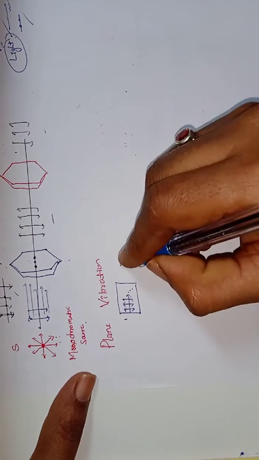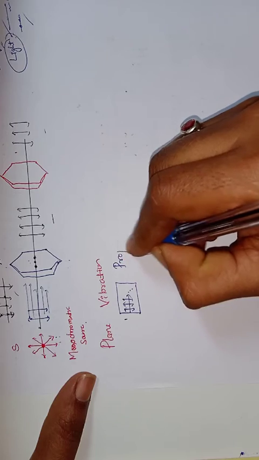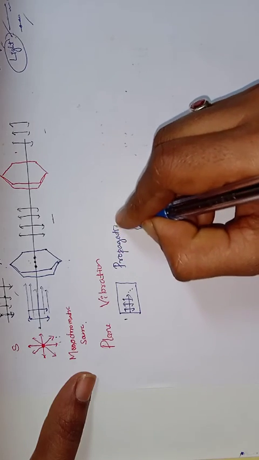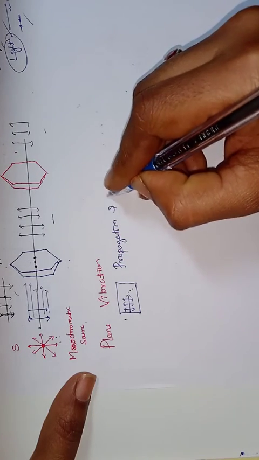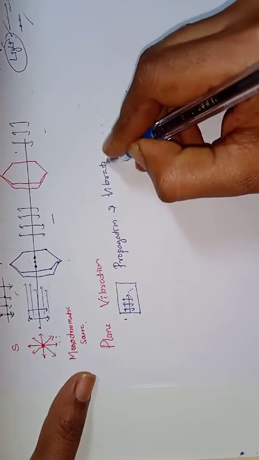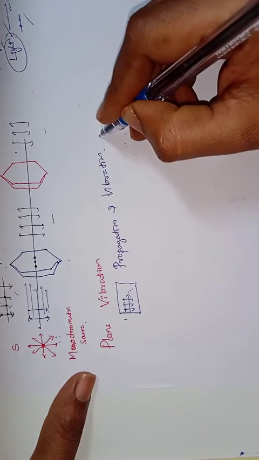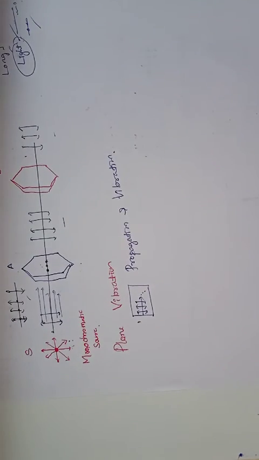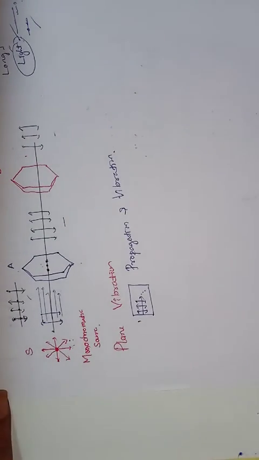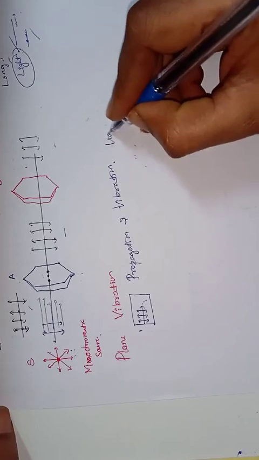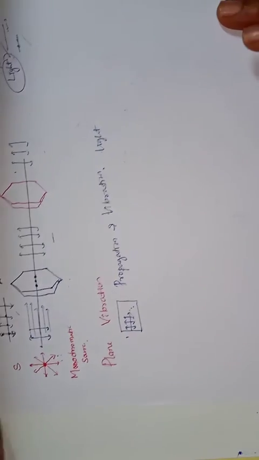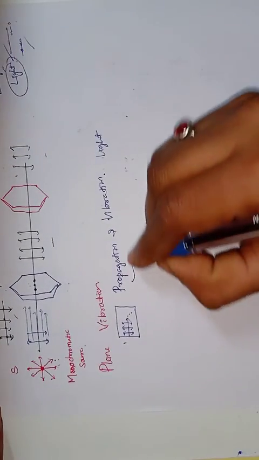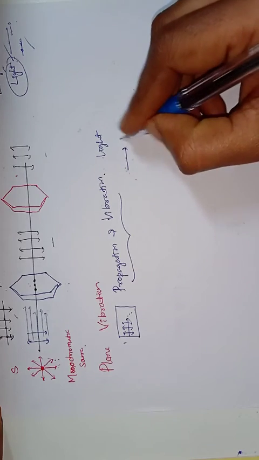There is a direction of vibration as well as a direction of propagation. The vibrations of light are there. This is called plane vibration.